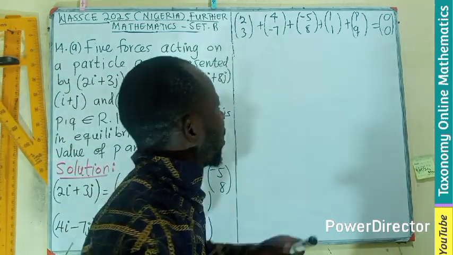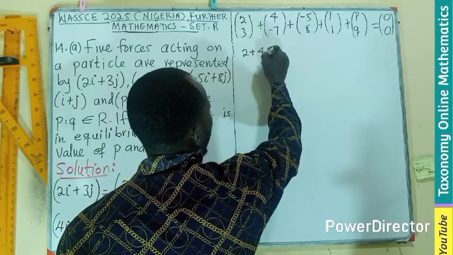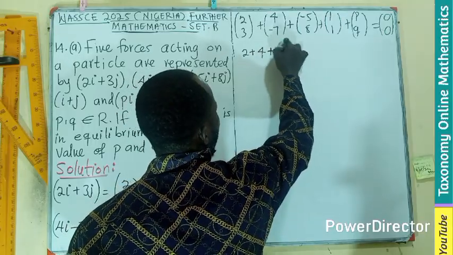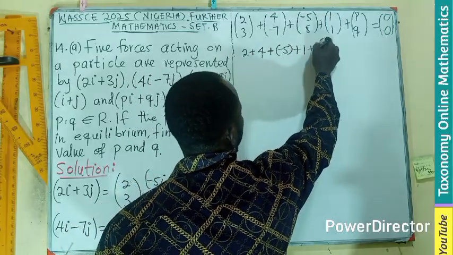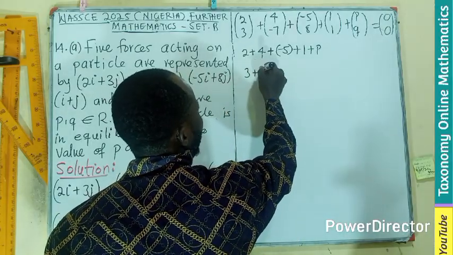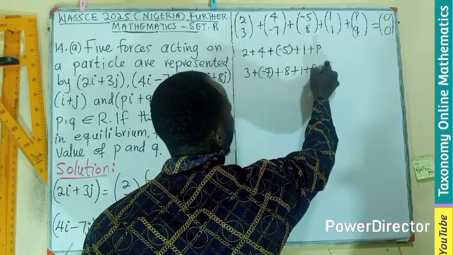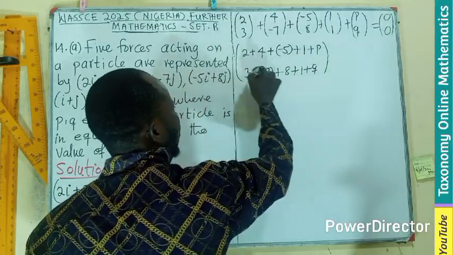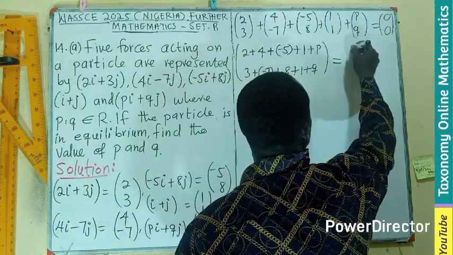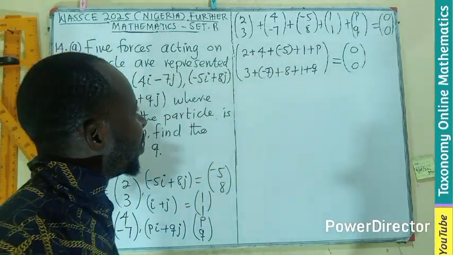So adding all this, can we do it this way? 2 plus 4 plus negative 5 plus 1 plus P, 3 plus negative 7 plus 8 plus 1 plus Q, as one vector column to give us 0, 0. Let's do the arithmetic in there.